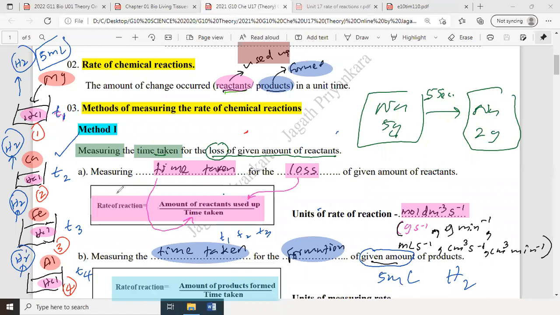Industrially, this is very important. Speed means reducing the time. When you reduce the time taken for a reaction, you can get more profit. If you reduce the time taken, labor cost reduces, OT time reduces, running cost reduces, electricity bill reduces, and you can supply more products to the market. If you supply more products to the market, you can get more money, more profit.